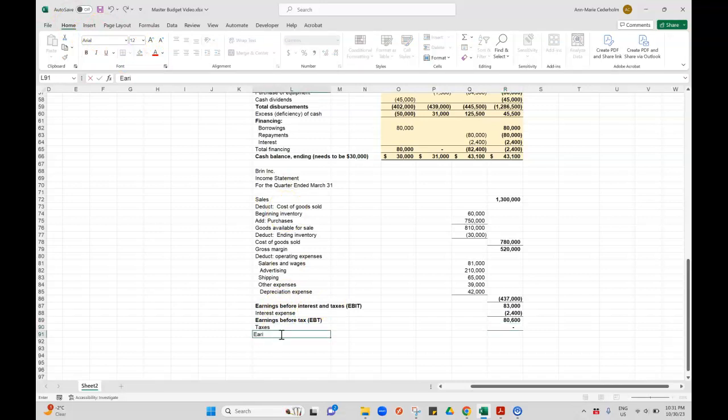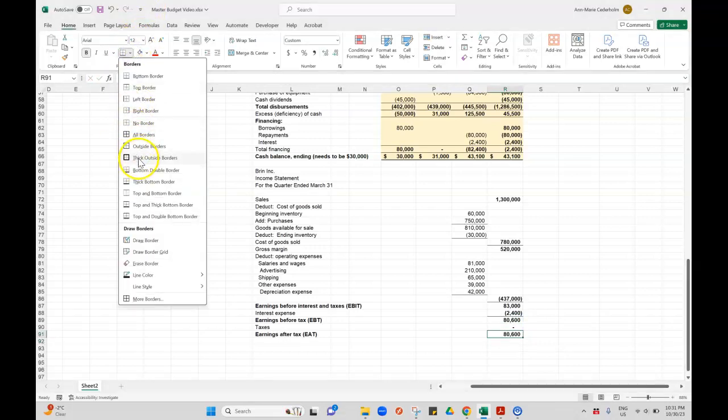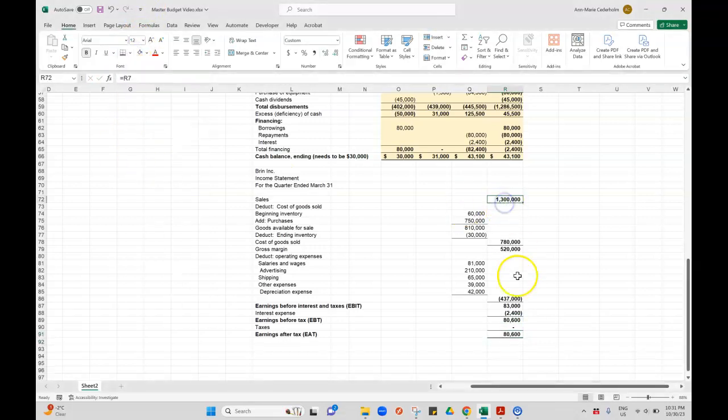And then I have earnings after tax, which is EAT, or we call it net income. Okay, so it's making that look pretty. So dollar signs whenever you start a new row, just like that.